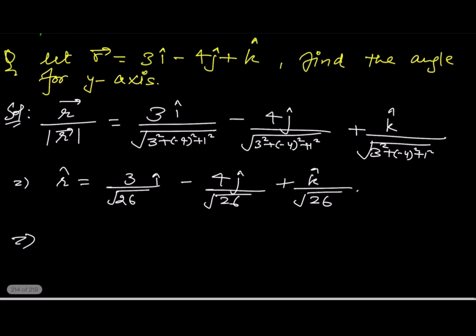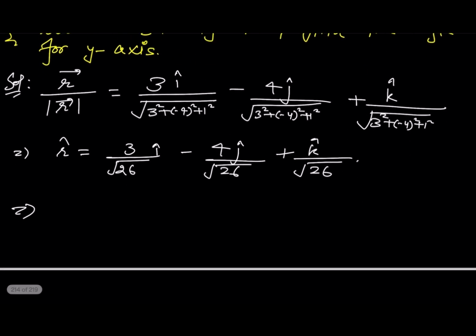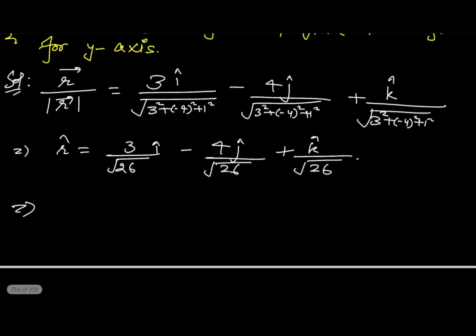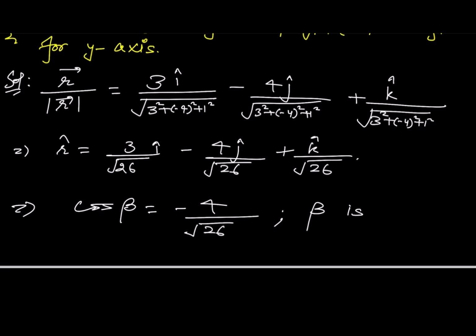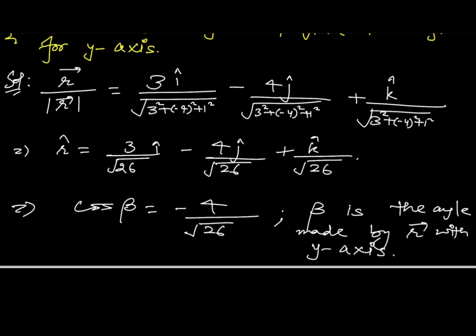So we have to find the angle with the y-axis, or you can say cos beta is minus 4 upon root over 26, where beta is the angle made by r vector with the y-axis.